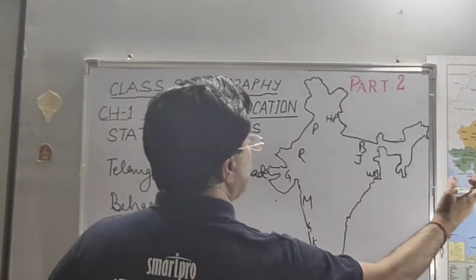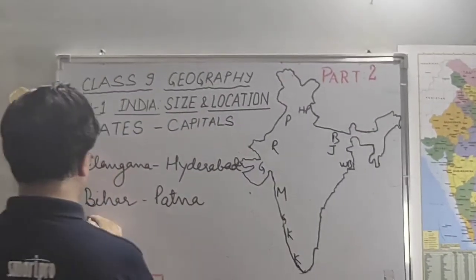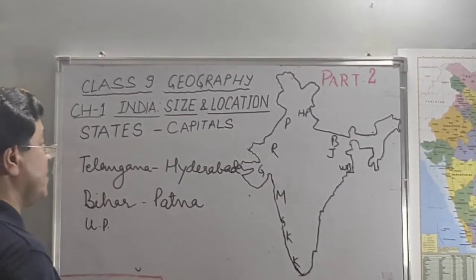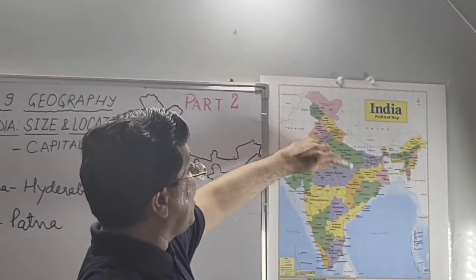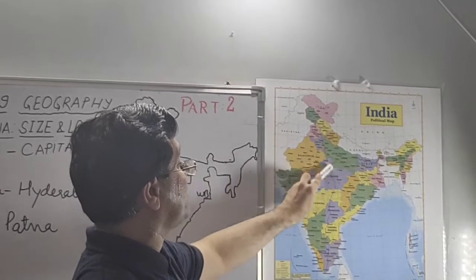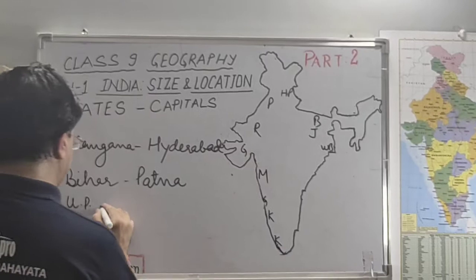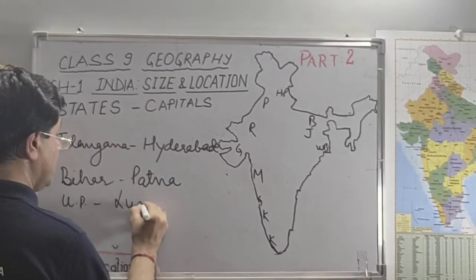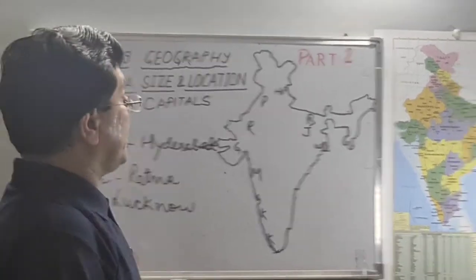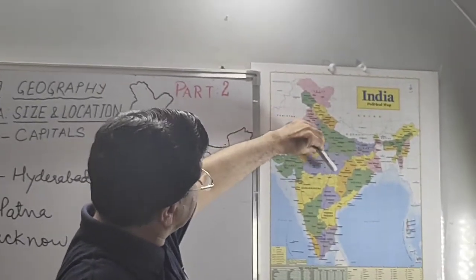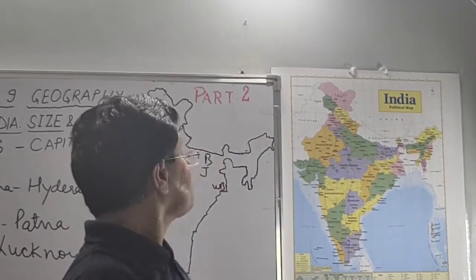And then we move further west, we have Uttar Pradesh. Please remember its name. Uttar means north. In the northern region of India we have Uttar Pradesh. It is very easy to remember its location. Its capital is Lucknow, city of Nawabs. Okay. And in the center of India we have Madhya Pradesh. Madhya means center.